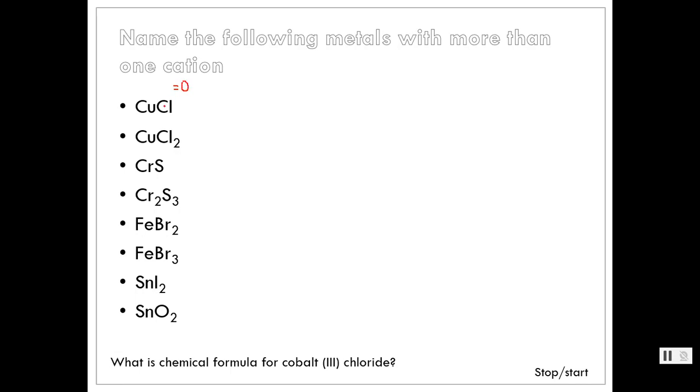So Cl, chlorine, it's in group 7. It's a -1 charge. So that means that my copper, for my overall charge of the molecule to be 0, must be a +1 charge. So my stock name is going to be copper(I) chloride, because the copper is a +1.